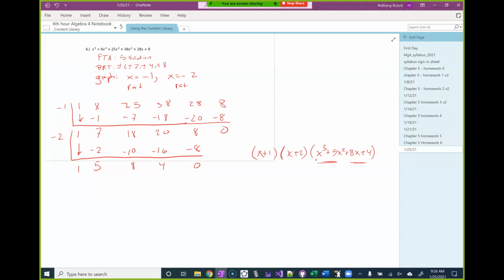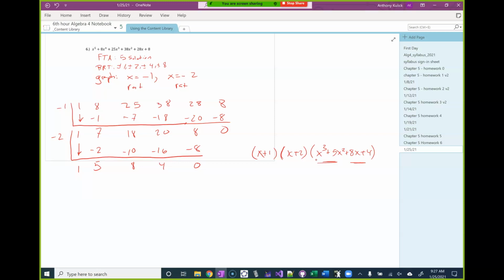So that seems unlikely. It could have imaginary solutions, which again are the pieces that are not factorable. Or one or both of the -1 and -2 could be used more than once, right? That's something that can happen.